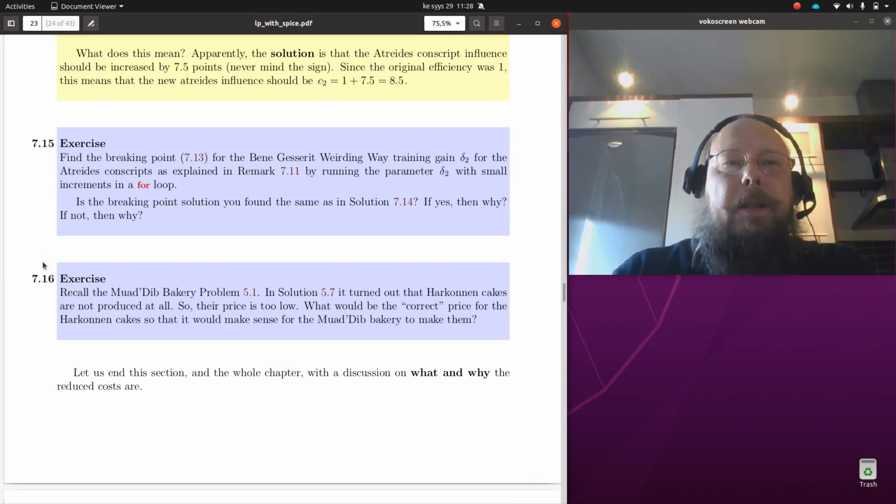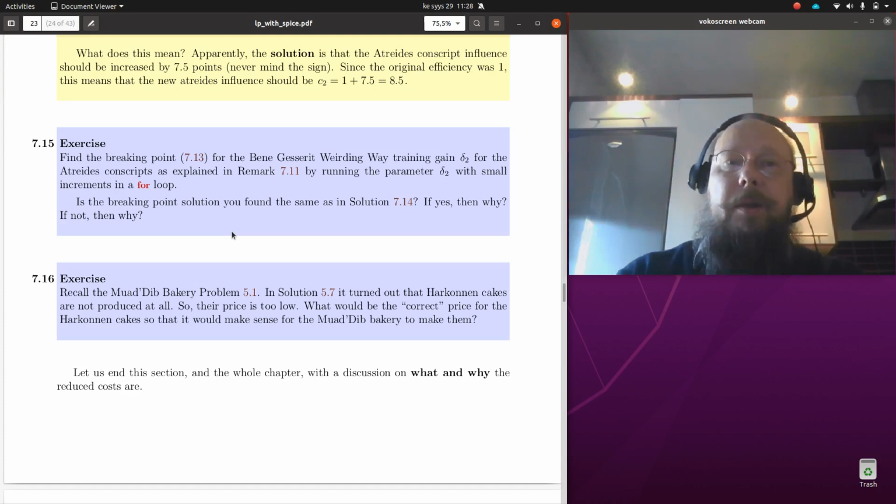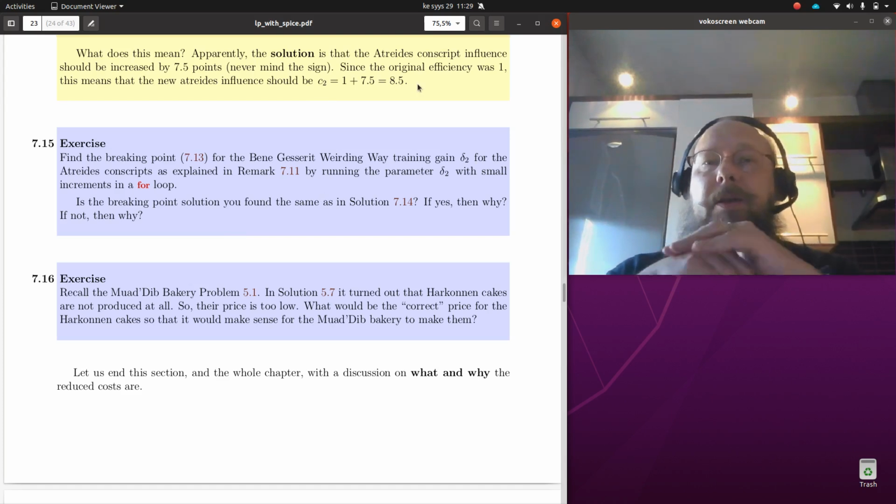So in this exercise I ask you to actually solve the problem that was solved just above here, with the answer that 7.5 should be the delta 2. Find the delta 2 by using this for loop, as explained in remark 7.11, and then compare the solution to this solution 7.14, which is this yellow box here, and are the solutions the same?